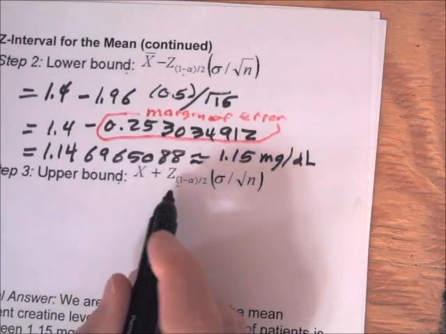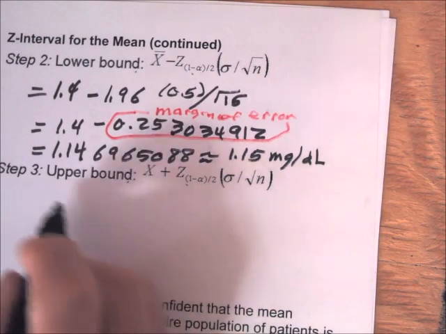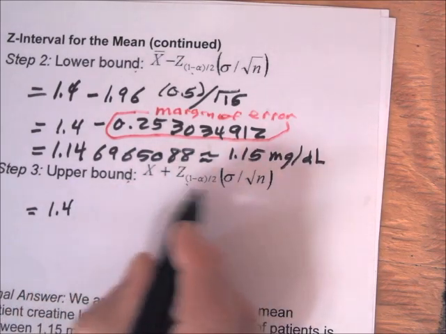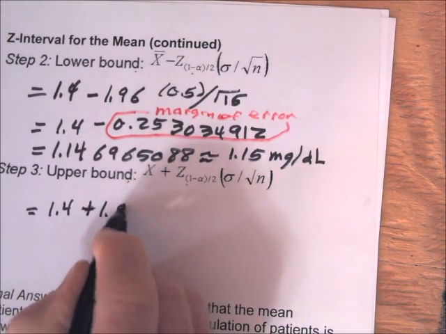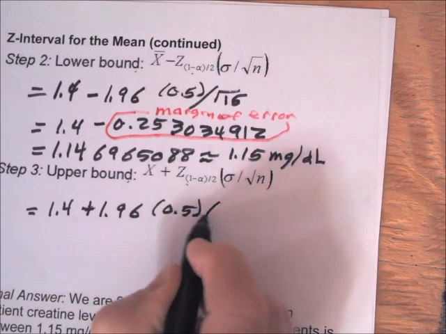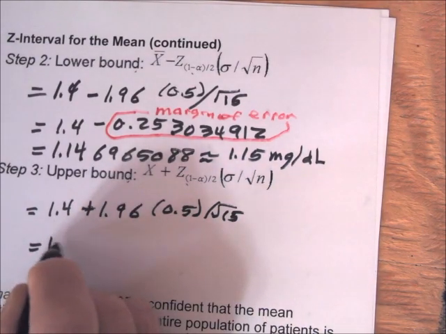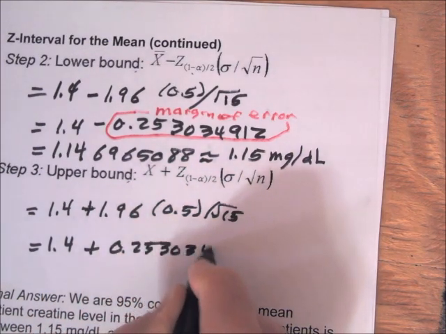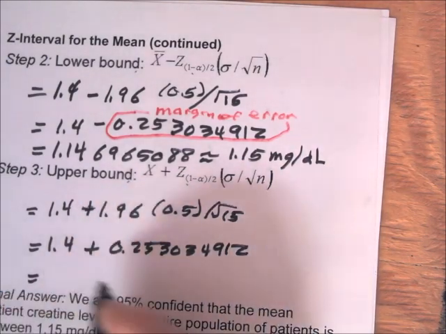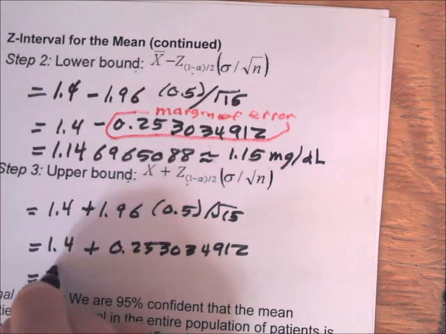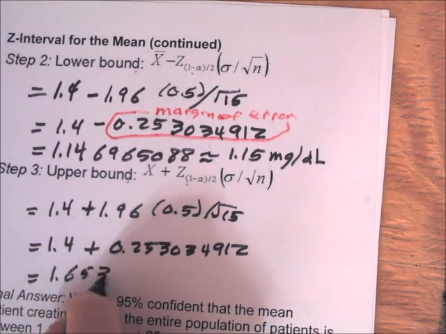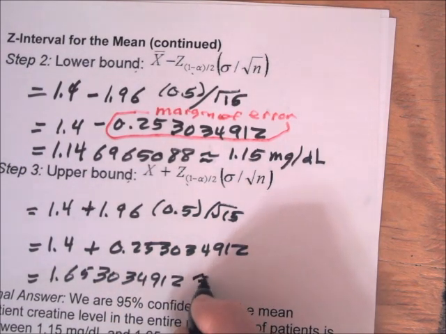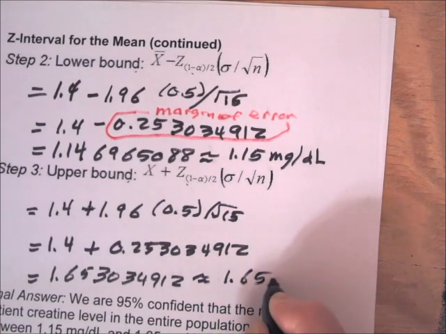Then the upper bound is going to be the same expression, but with a plus sign instead of a minus sign. So it's going to be 1.4 plus 1.96 times 0.5 divided by the square root of 15, 1.4 plus 0.253, and that's going to be 1.65349, approximately 1.65 milligrams per deciliter.